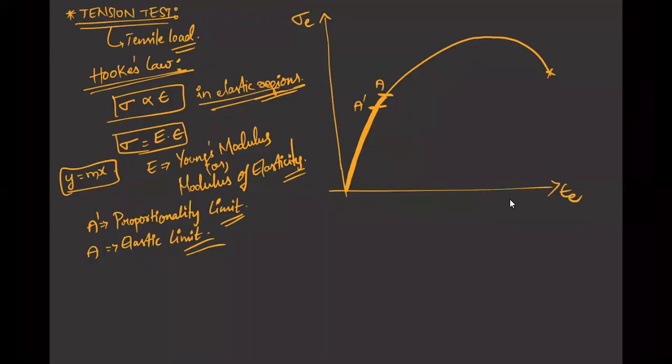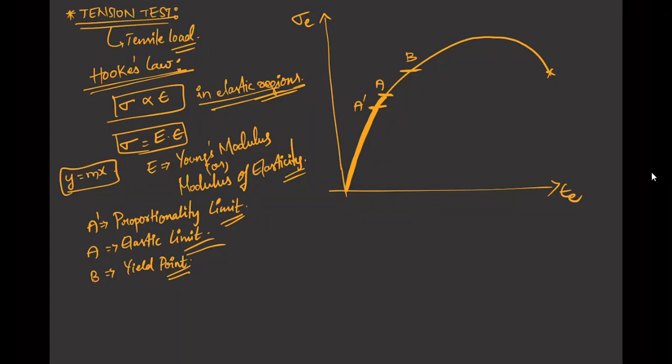Okay, now the other thing in this is the yield point, somewhere here, which I'm writing as b. So b is my yield point. What is this yield point? The yield point tells us in an engineering sense.